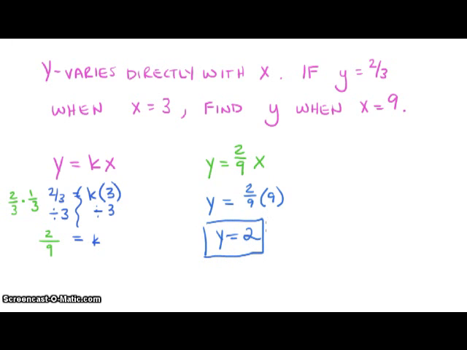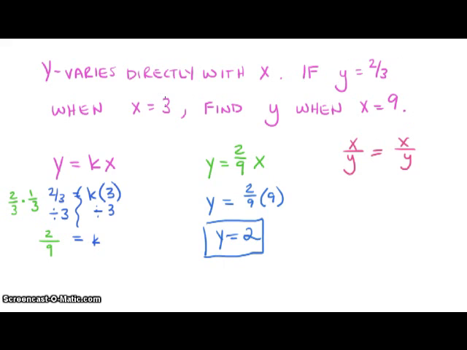Now, a lot of you probably realize that if two things are directly varying, if they have a direct variation, they're also proportional. So if you prefer to solve these with a proportion, you can do that. You would just say x over y is equal to x over y.